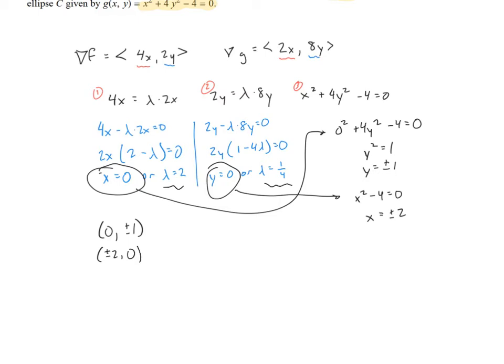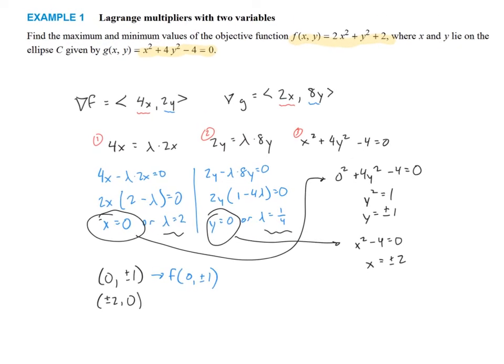Our next step now is step 2 from the other slide, where we need to take our points and substitute into the original function. So I'm going to take my 0, comma, plus or minus 1 and evaluate that in my function f. It doesn't matter whether I substitute in positive 1 or negative 1, because the x and the y are both squared, so they're going to be positive.